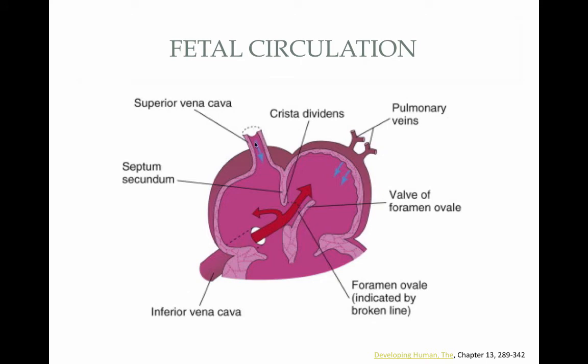Again, some blood is coming through the superior vena cava, but highly oxygenated blood is coming through the inferior vena cava, going into the left atrium. Some blood is coming in through the pulmonary veins, and then it would go through the developing mitral valve to the left ventricle, out the aortic valve, and the aorta to the rest of the body.